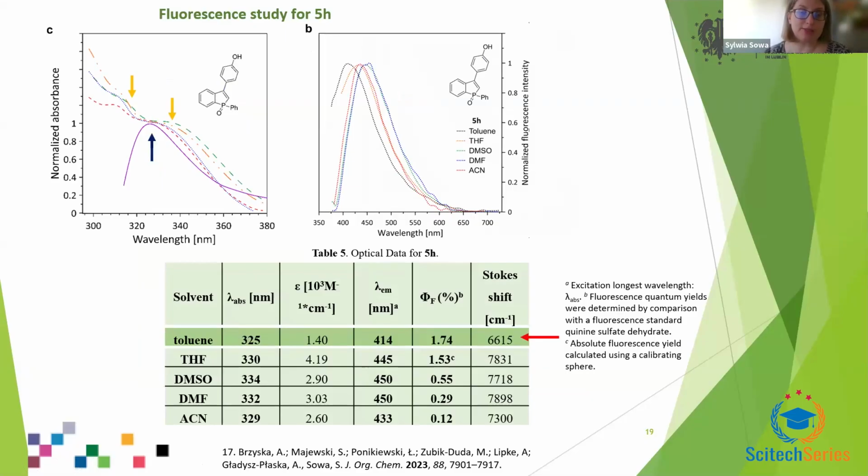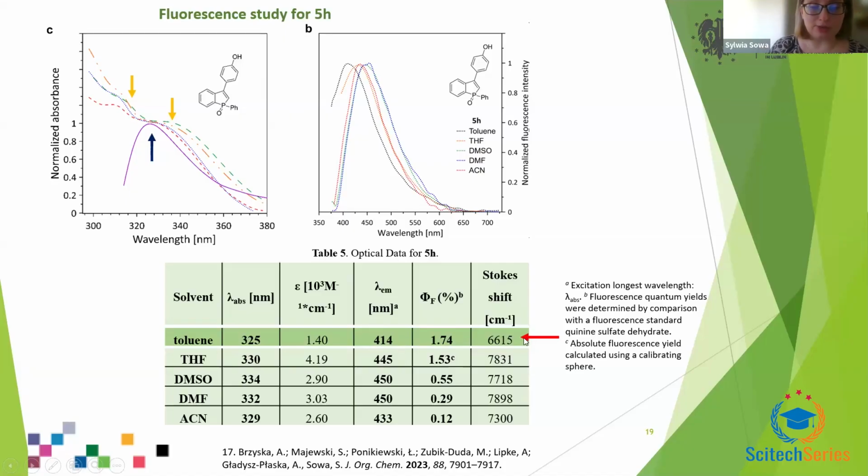5H exhibits the highest fluorescence in the low polarity solvent toluene, with the highest value of fluorescence quantum yield equal to 1.74%, and the lowest value of emission band, 414 nanometers.